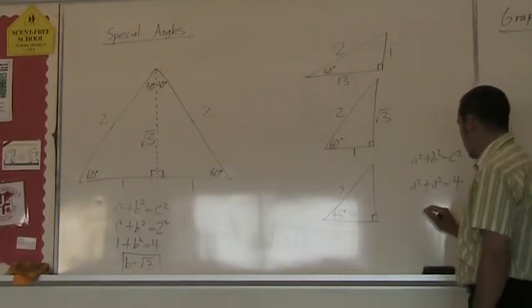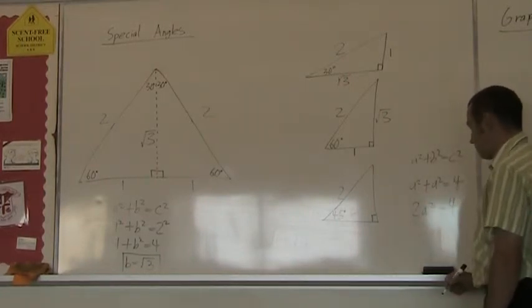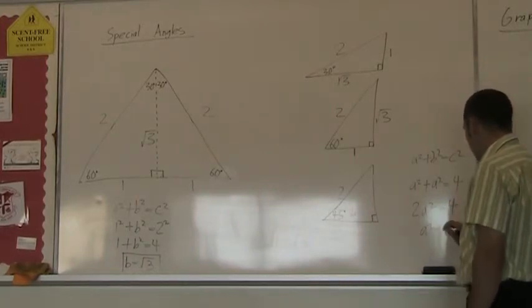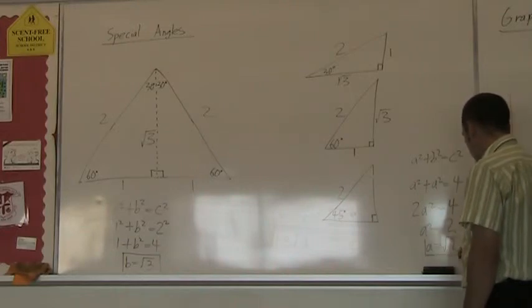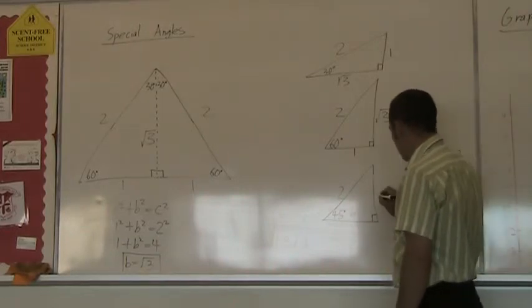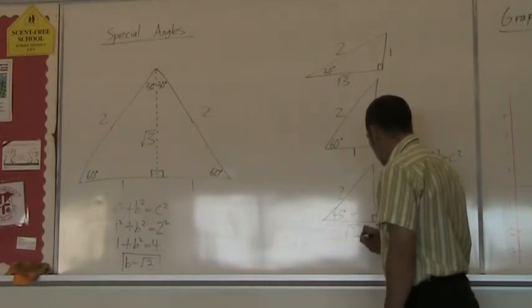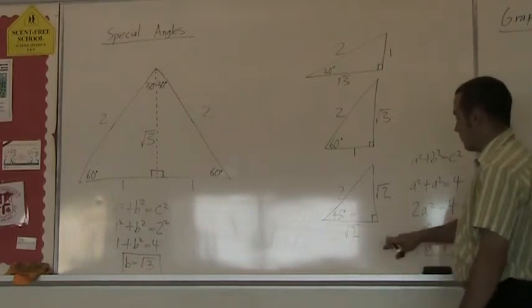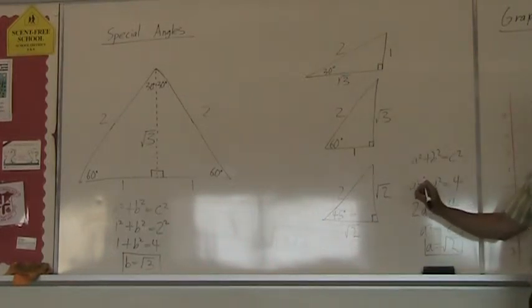So this leaves me with 2a squared equals 4, so a squared is equal to 4 divided by 2, which is 2. So a is equal to square root 2. That means this side is square root 2 and this side is square root 2. Now I have all three of my trig ratios, 30, 60, and 45 degrees.